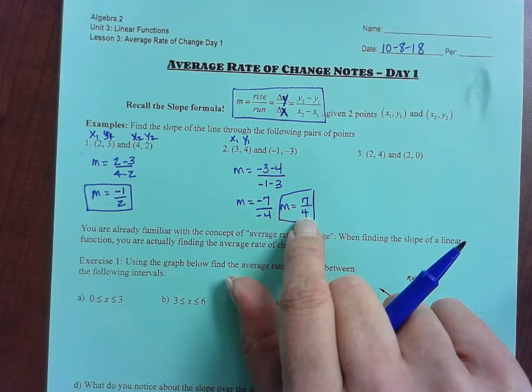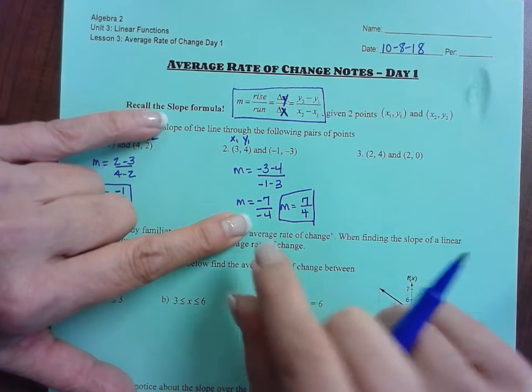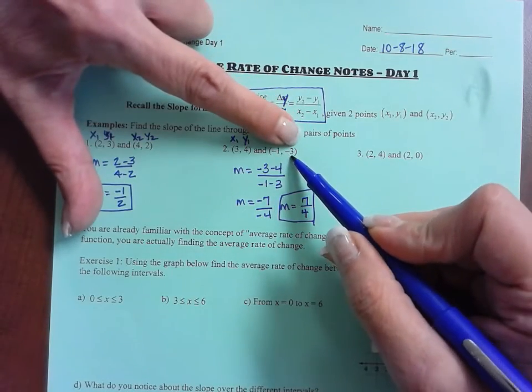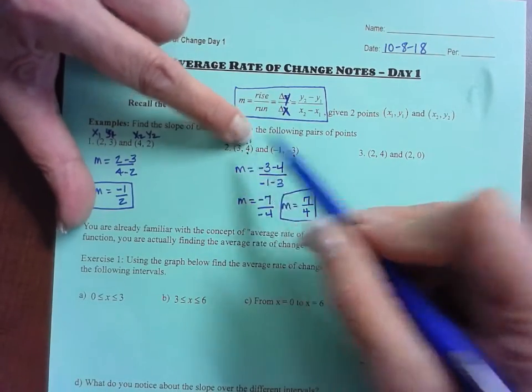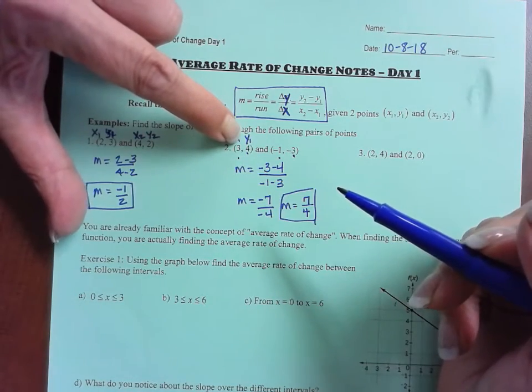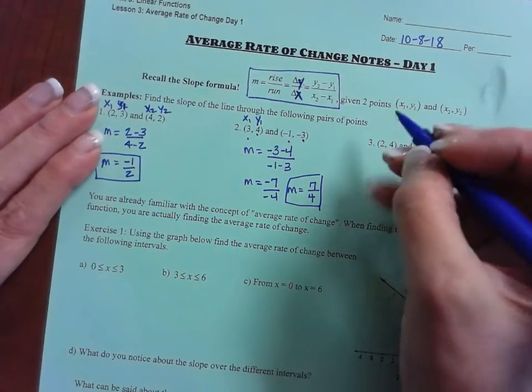Yes? Are you with me? I did negative 3 minus the 4, then the negative 1 minus 3. Good? All right, awesome. All right, last one.